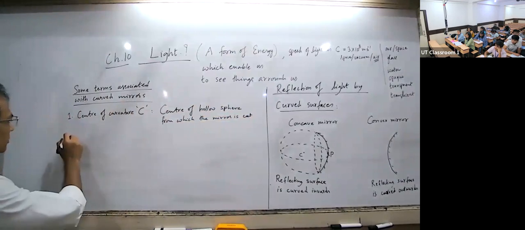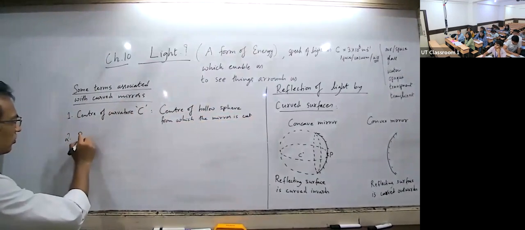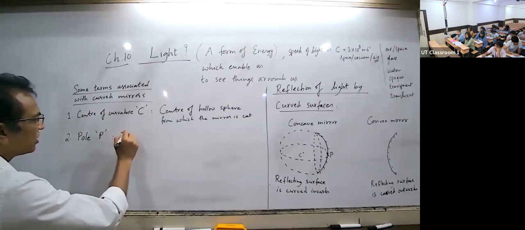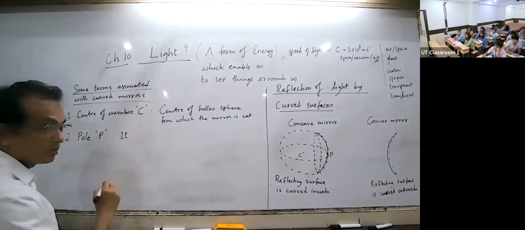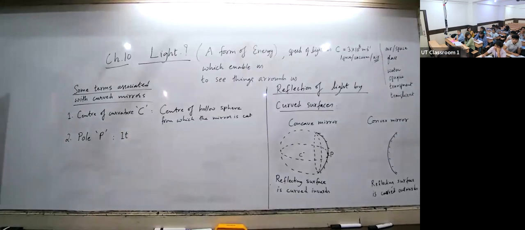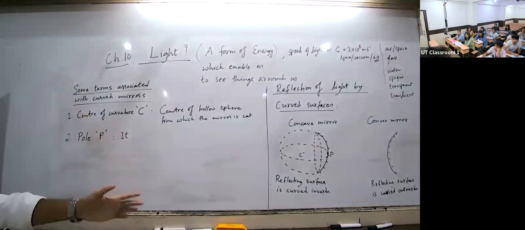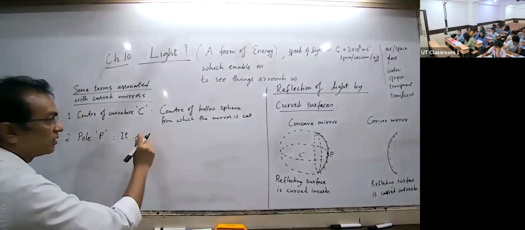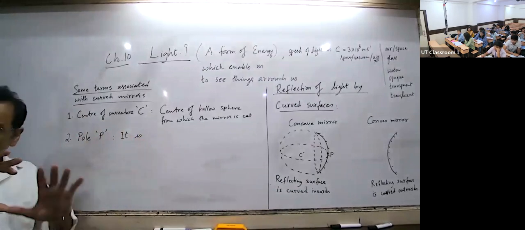What is P? It is the geometric center of the mirror. I mean, the mirror is a surface only. So it is a hollow sphere, so it is a curved surface.